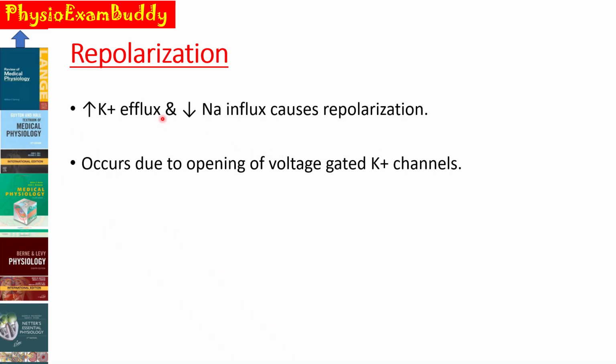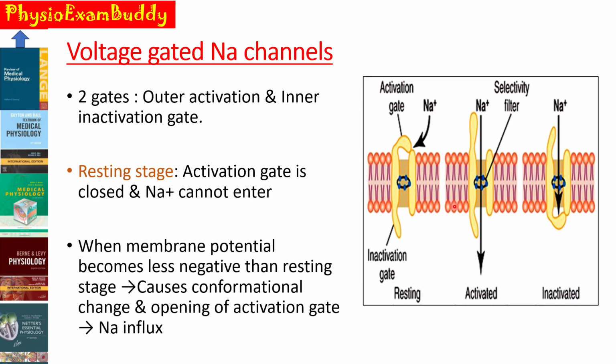The depolarization phase will be followed by a repolarization phase, and the main change occurring here is an increase in the potassium efflux and a decrease in the sodium influx, which causes the repolarization. The main reason for the repolarization is the opening of the voltage gated potassium channels.